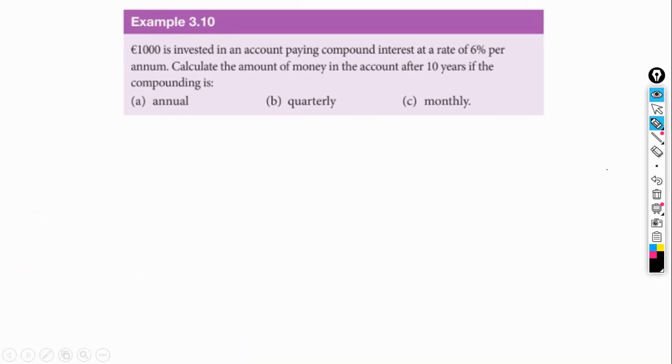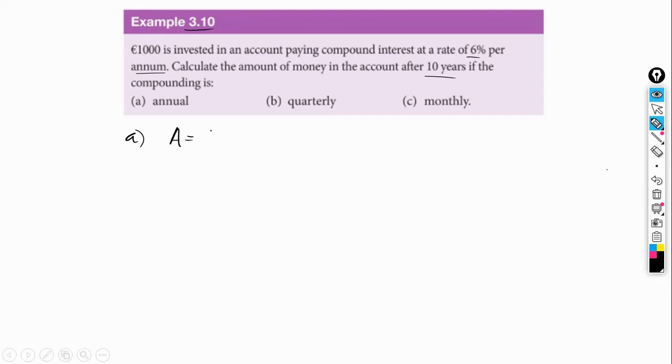So next we have example 3.10, and it says 1,000 euros is invested in an account paying compound interest at a rate of 6% per annum. Calculate the amount of money in the account after 10 years if the compounding is A, annual. So annual compounding is simple, right?